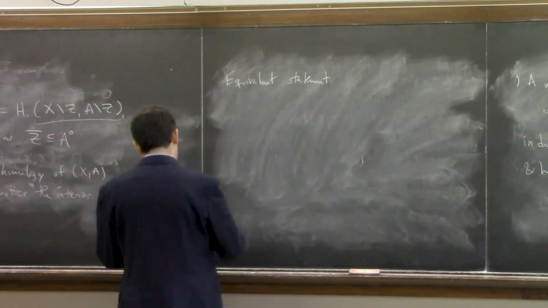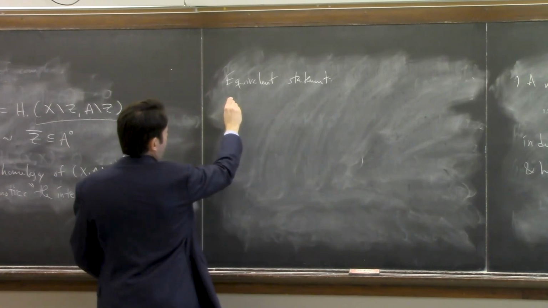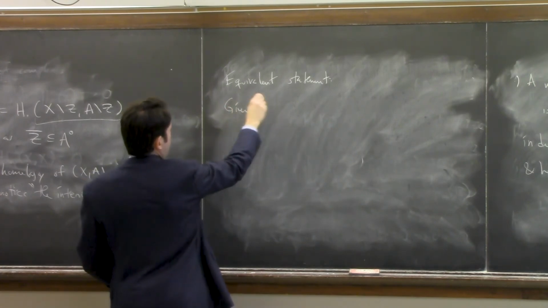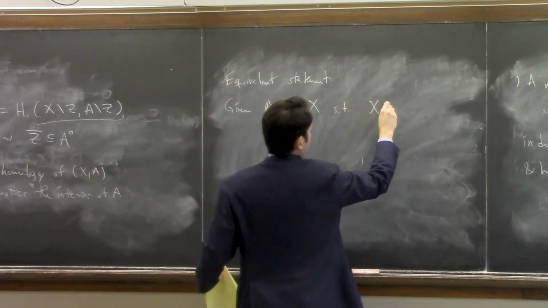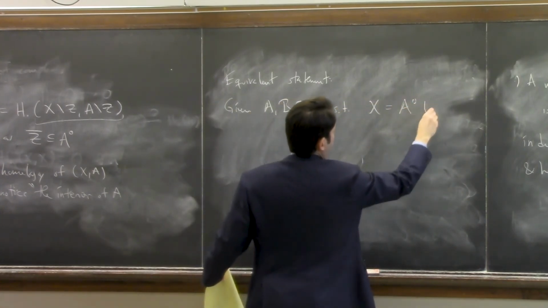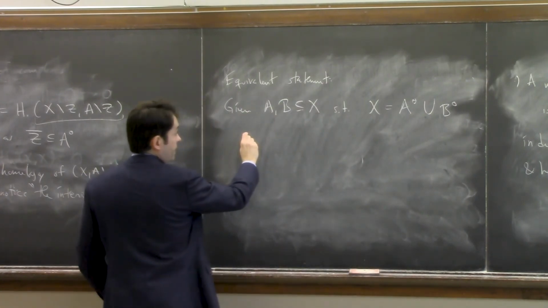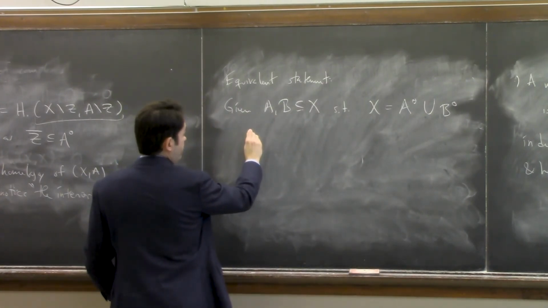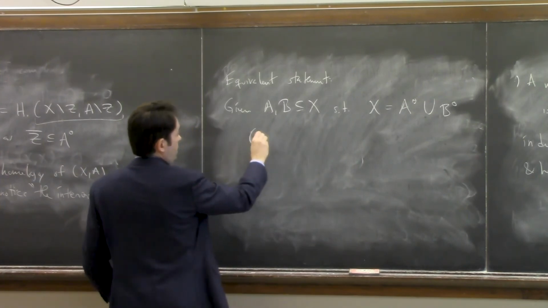Which is that, given two subsets A and B of X such that X is covered by the interiors, then let's state it more formally.